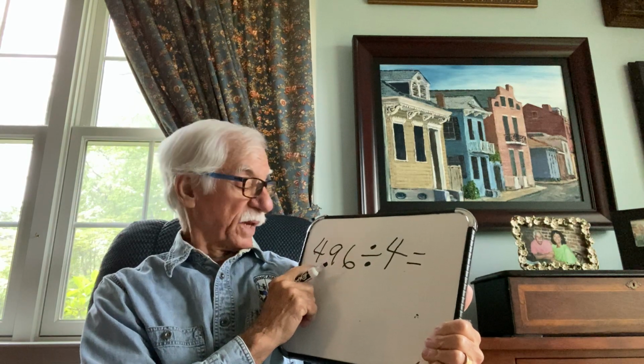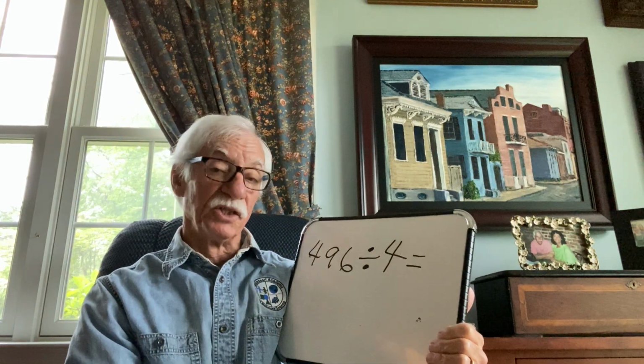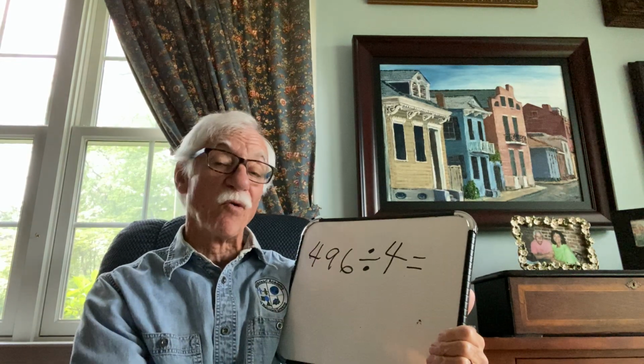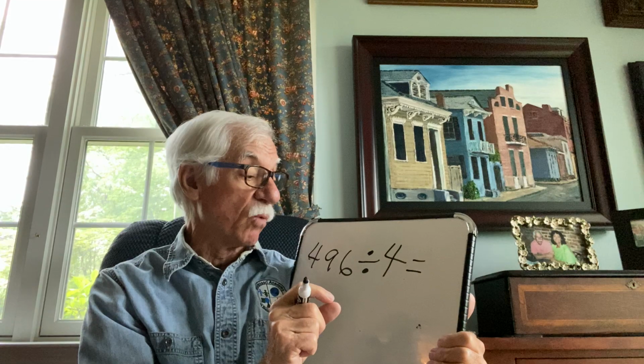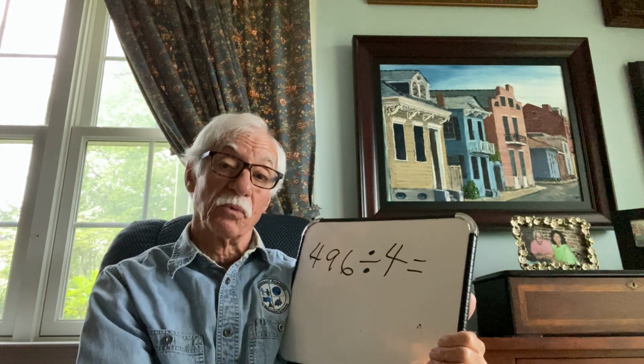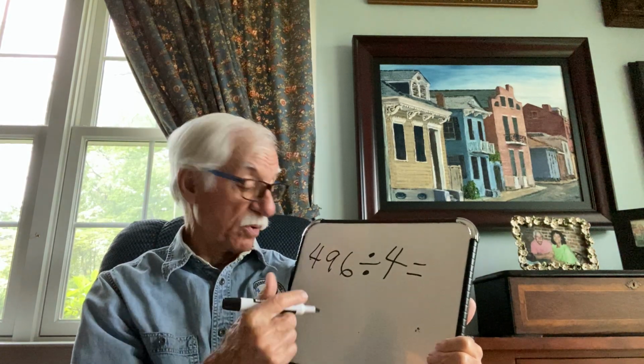So the old propeller plane went 496 miles. That's the dividend. We're going to distribute it, or divide it, by 4 hours to find out what it did in 1 hour, how fast he was going in 1 hour, miles per hour.